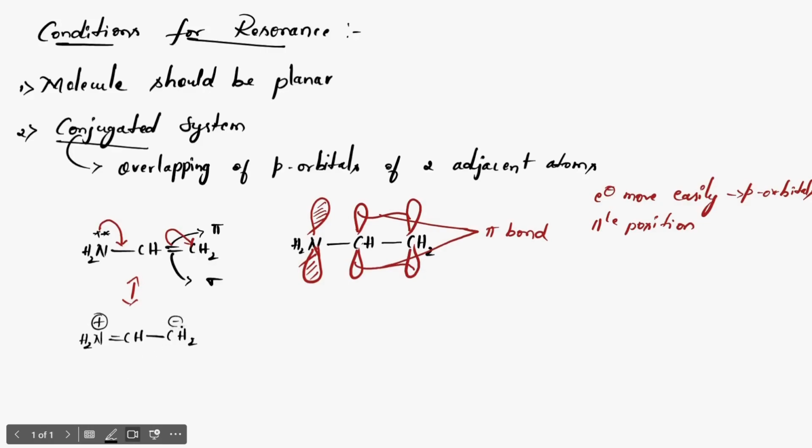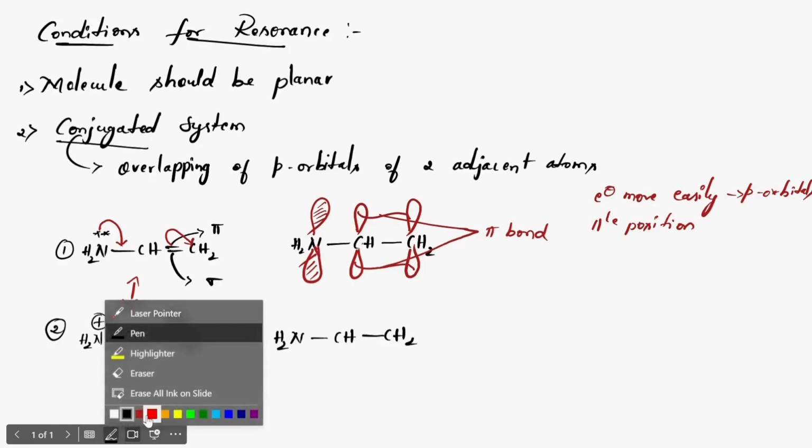This is one more structure, and these structures 1 and 2 are resonance structures, right? NH2 single bond CH single bond CH2. We will write the p orbitals.